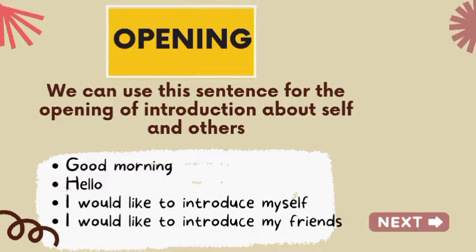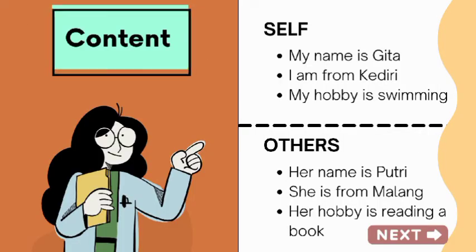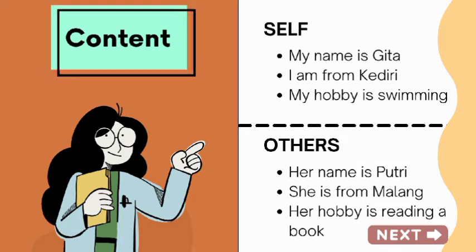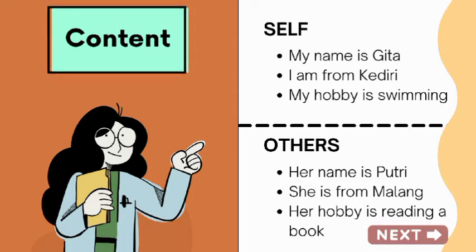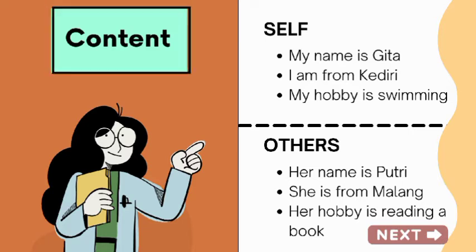And then the second is the content. The content is divided into two parts: first self, and second others. For the content of myself, we can use sentences like my name is Kita, or my name is blah blah blah, up to you.